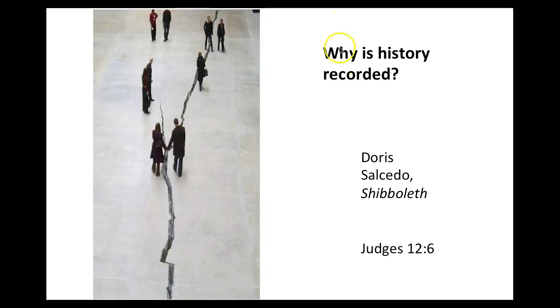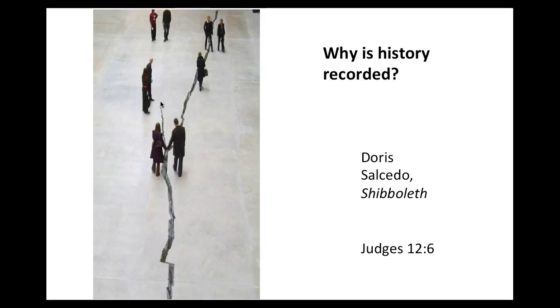Okay, why is history recorded? We're going to learn about this image called Shibboleth, and it's a crack down the central station. Here they're trying to show us how we know whether someone is within our same religious bounds. So we'll watch this little video about Shibboleth and what it means.